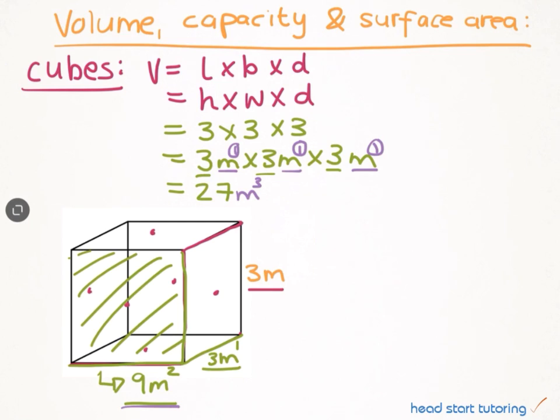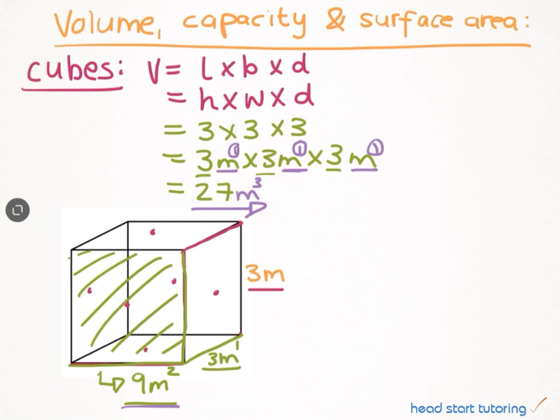So basically we're just saying that there are 3 of those measurements that we multiplied together. Right, so the answer to the volume of this cube with a side of 3 meters will be 27 meters cubed.